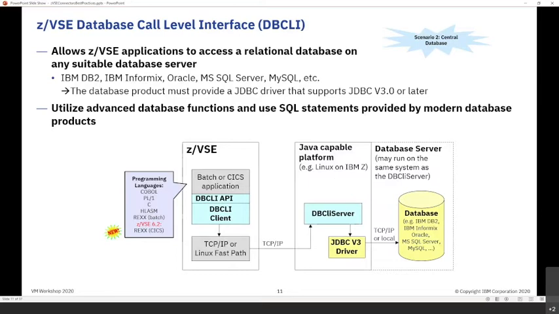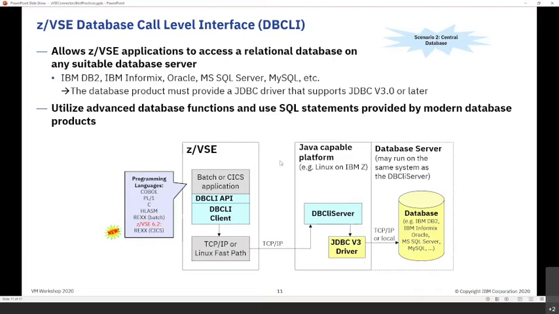Now you might remember VSE offers a DB2 client edition as part of the DB2 server offerings. And certainly with the DB2 client edition, you can access client databases being DB2 databases. However, what if you have, let's say, Oracle or Microsoft SQL Server or MySQL or whatever database that you need to access? Well, then the database call level interface can be used for that.